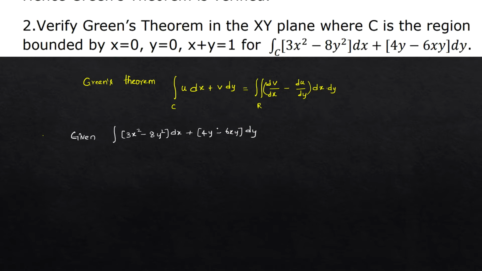Here we can write the first part as u and the second as v, but there is no need here. First write the limits. The limits are x equal to 0, y equal to 0 and x plus y equal to 1.